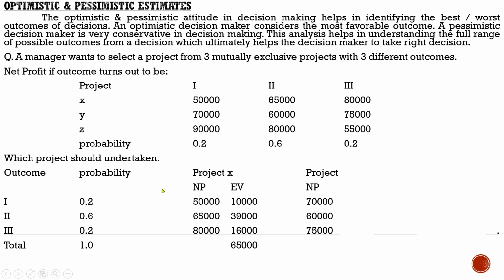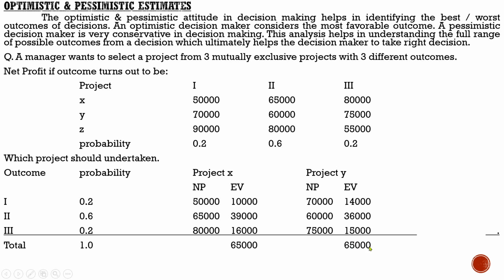If you multiply these probabilities with the net profits of project Y, you will get the estimated values of project Y. 0.2 into 70,000 is 14,000, 0.6 into 60,000 is 36,000, 0.2 into 75,000 is 15,000. If you add all these together, you will get a profit of 65,000. This is the estimated value of project Y after adjusting these probabilities with the three different outcomes.